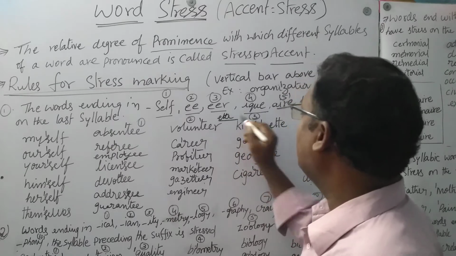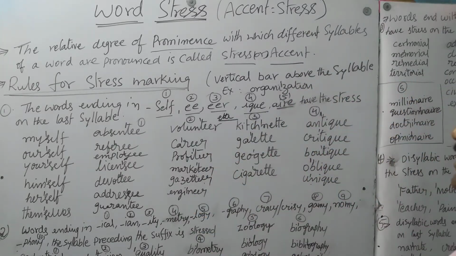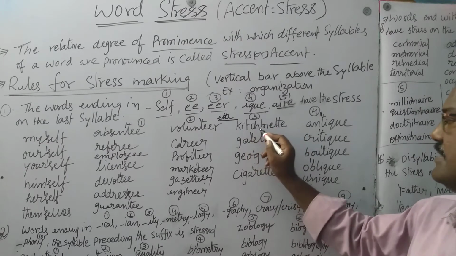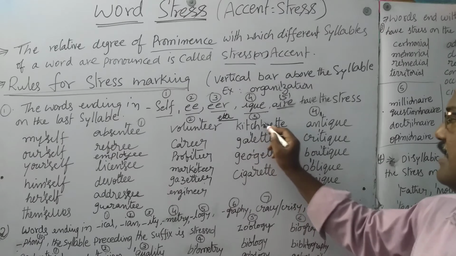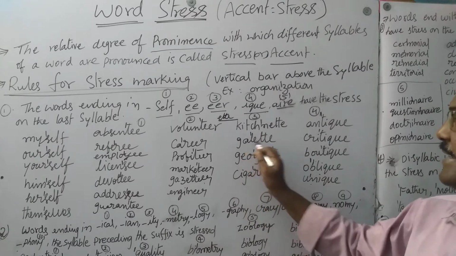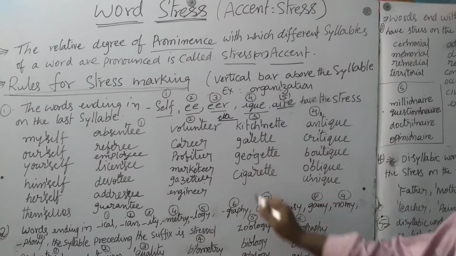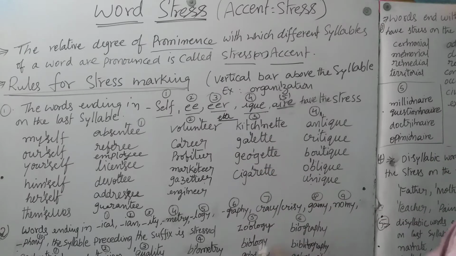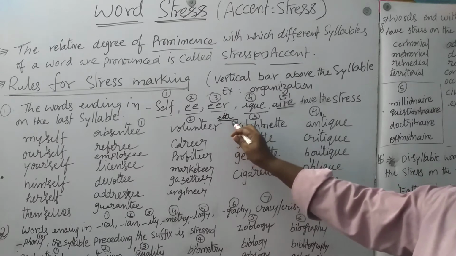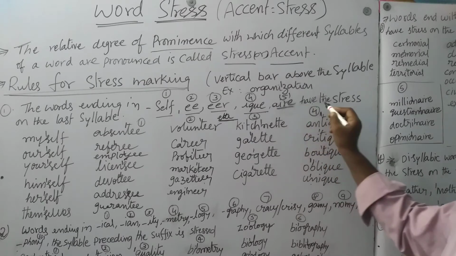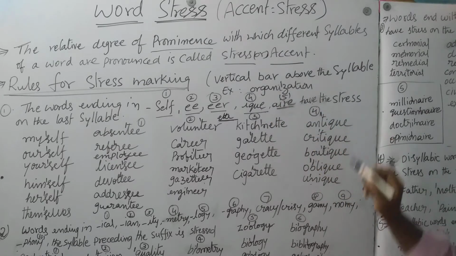If the word ends with ETTE, last syllable we have to stress. Now, kitchenette, N above, net is the last syllable. Kitchenette, N above we have to stress. Galette, L above. Georgette, G above. Cigarette, R above. So, if the word ends with ETTE also, last syllable we have to stress. Now, IQUE: antique, critique, boutique, already we discussed.